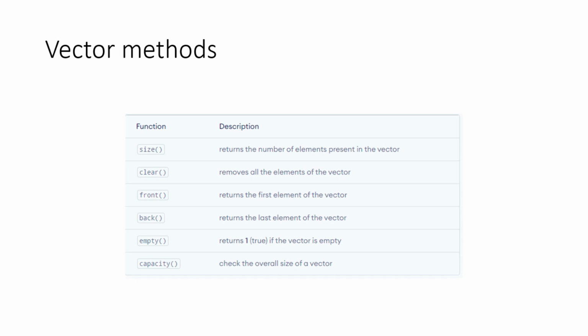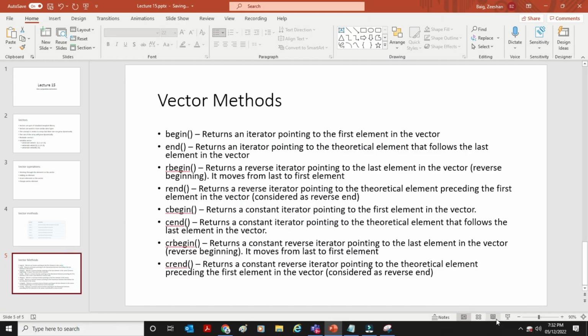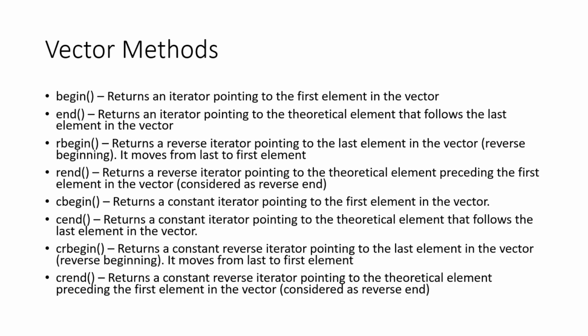There are some more methods specifically related to iterators, but I don't want to cover each and every one of them. These are some of the important ones. Well, actually, talking about it, maybe I should, because as you're using the iterators, it comes in handy. So these are some of the iterator related methods.